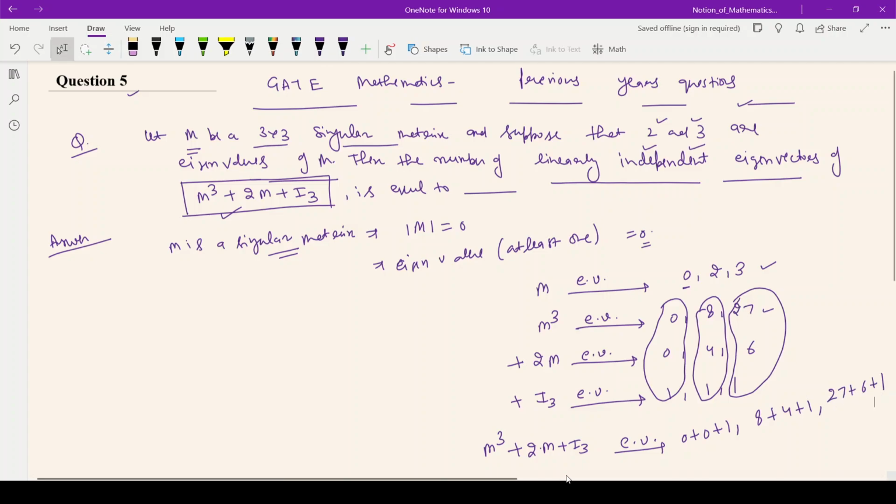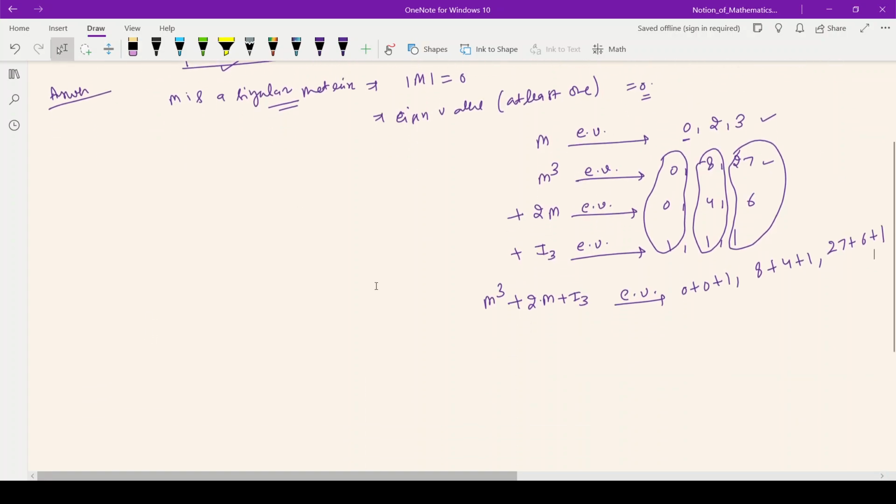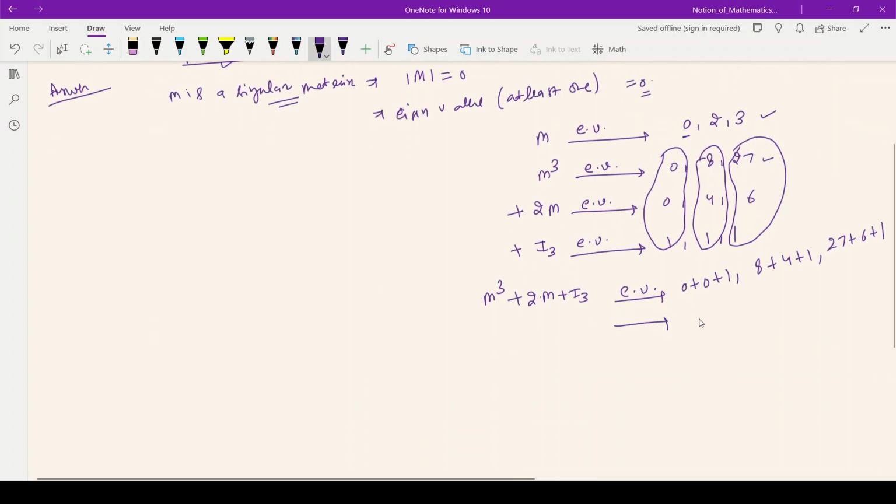Ultimately, the final eigenvalues will be 1, 8 plus 4 is 12 plus 1 that is 13, and 27 plus 6 is 33 plus 1, that is 34. So these are the eigenvalues of the matrix M cube plus 2M plus I3.